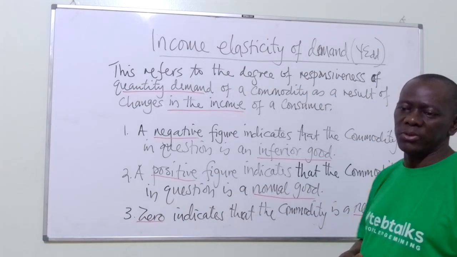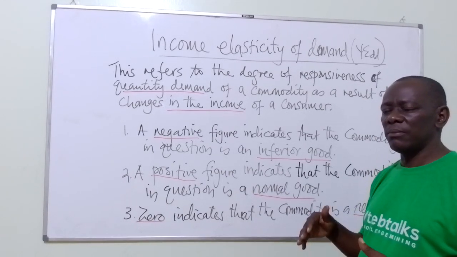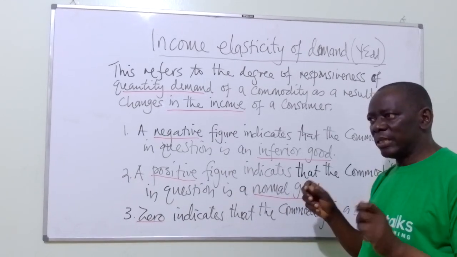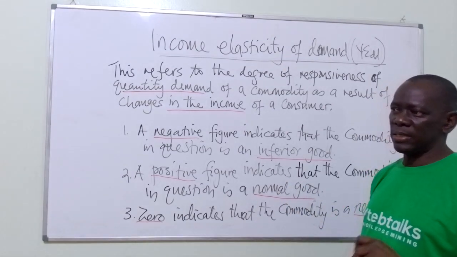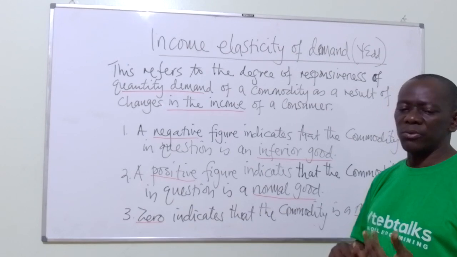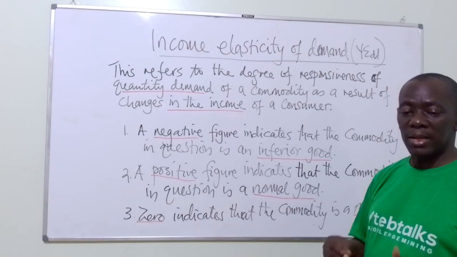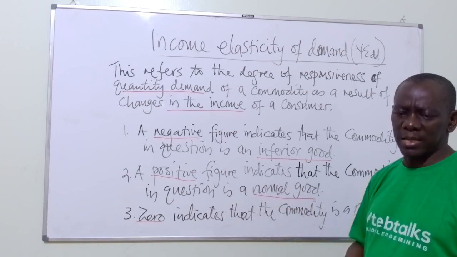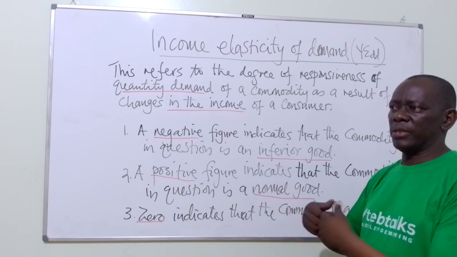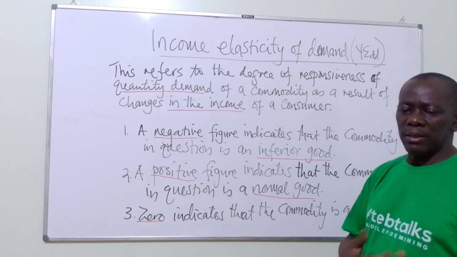Those are normal goods. So sometimes it may be difficult to give very good examples of this being a normal good and this is an inferior good. It depends on one's income, it depends on the culture, it depends on education, it depends on various factors which will make the commodity normal and inferior.